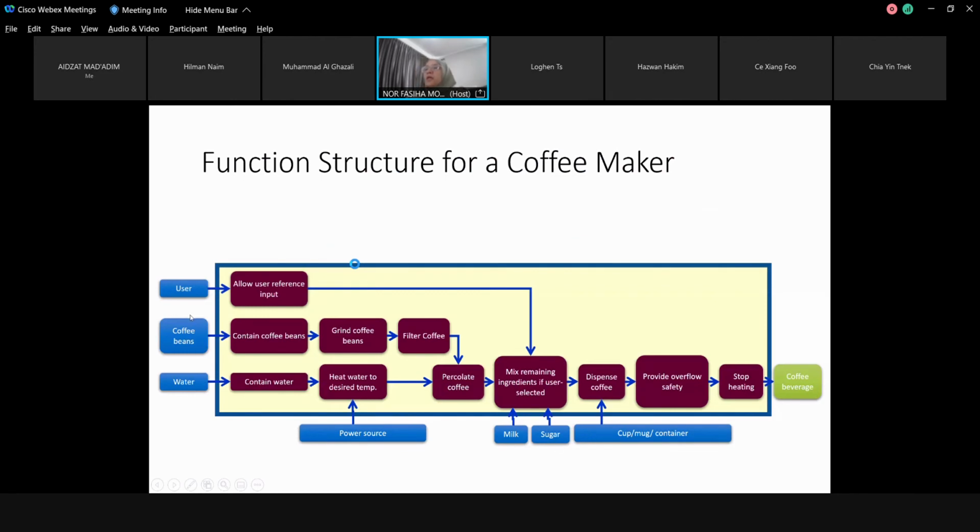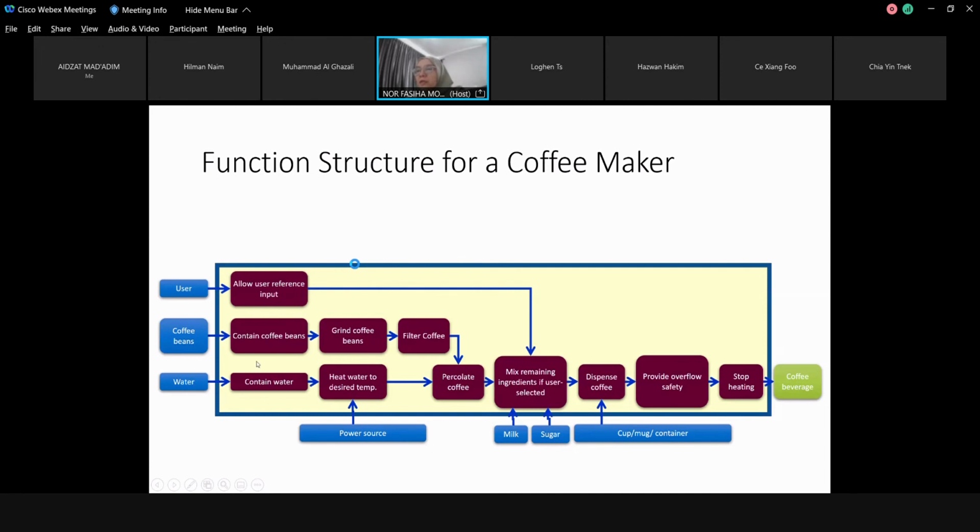The user is an input because the user has to press the button for their preference: black, or with milk or sugar. Then there are coffee beans, water, power source, milk, sugar, cup, and mug container. Finally, what comes out is the coffee beverage. So this is the function structure.